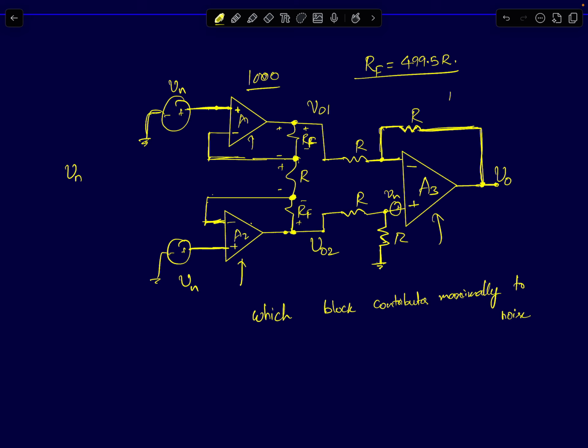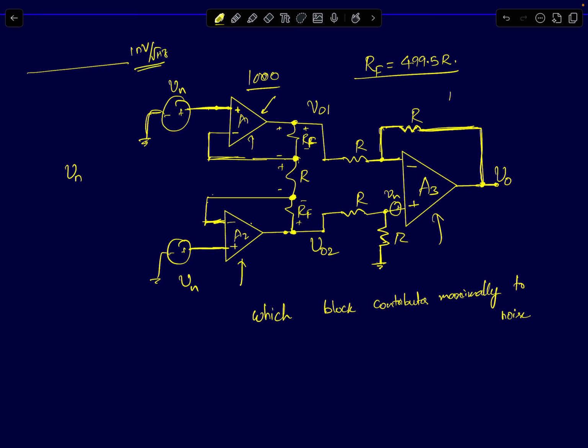Instead of integrating noise over a certain band of frequencies, let me ask: what is the input referred noise floor, if it is given that the noise floor of a single op-amp is 1 nanovolt per root hertz?